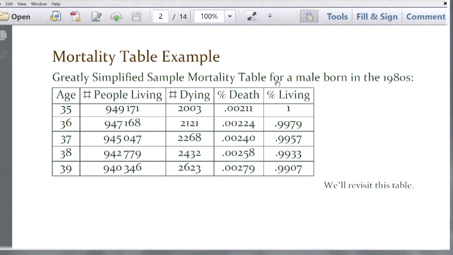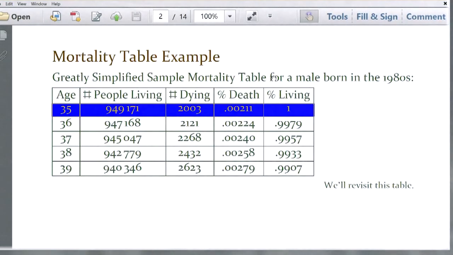Now, just to give you a better understanding of what these numbers are telling us, on the first row, the starting sample of age 35 males in this mortality table is 949,171. The number expected to die between 35 and 36 is 2,003.